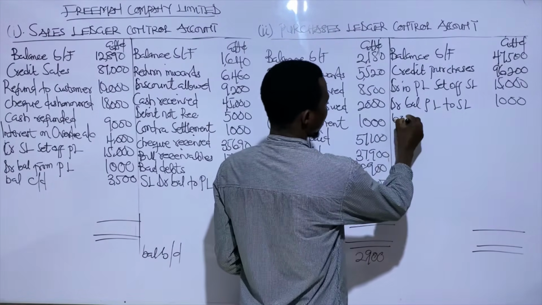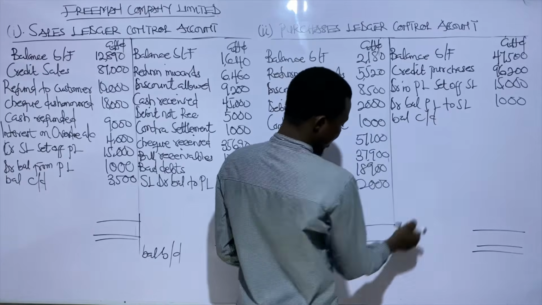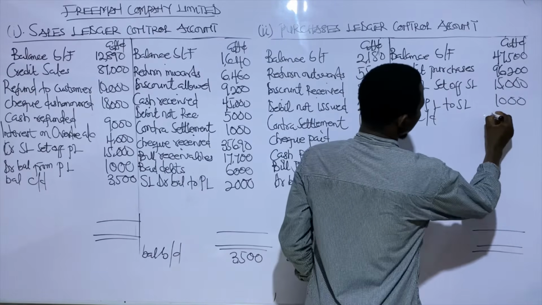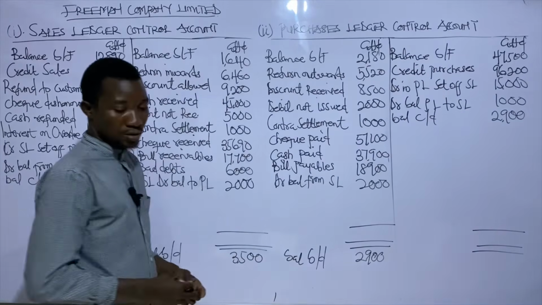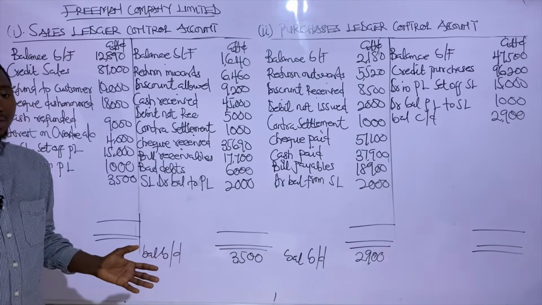So balance carried down of the same amount, 2,900. Very good. So we are done with the entries.